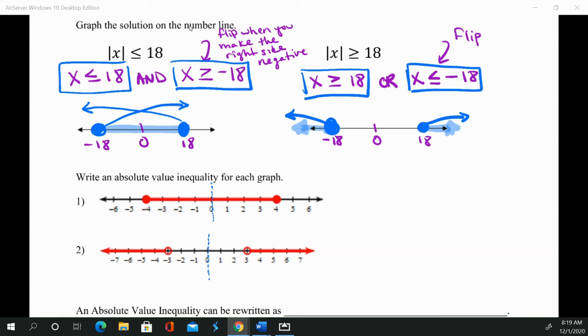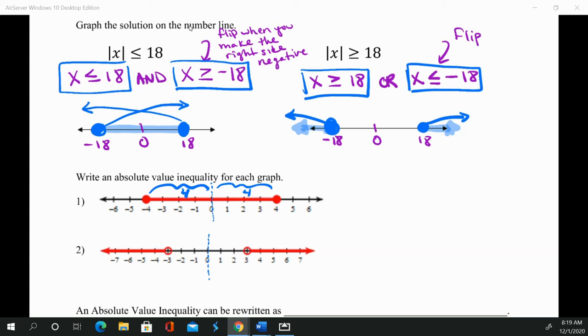In this case, the halfway point is 0. Now, there are 4 places between 0 and -4. And because it was the halfway point, there are 4 places between 0 and +4.